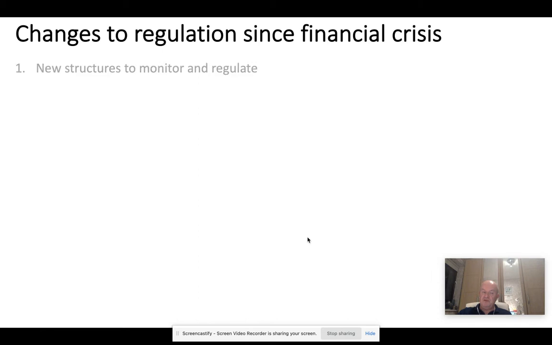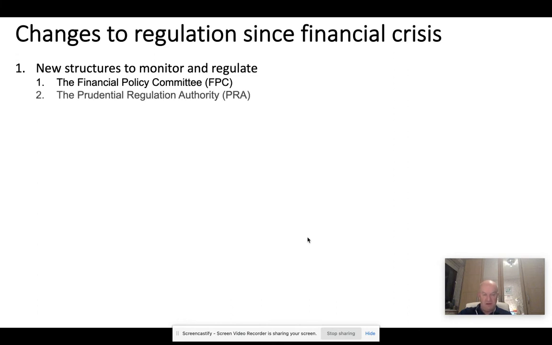There have been a number of changes of regulation since the financial crisis. There are new structures to monitor and regulate. One is the Financial Policy Committee, and that's part of the Bank of England, and they cover a range of different areas.